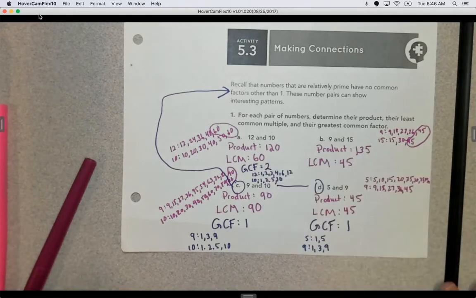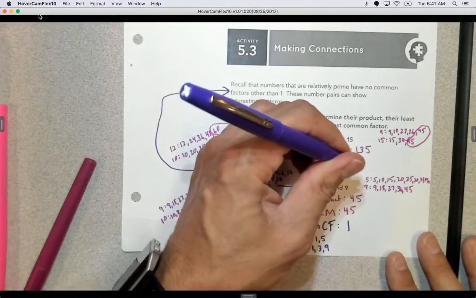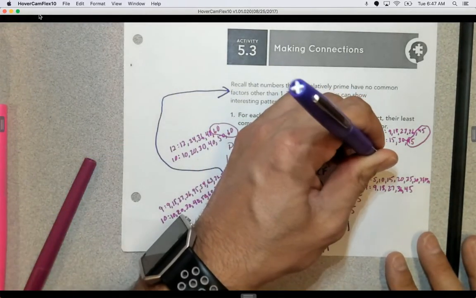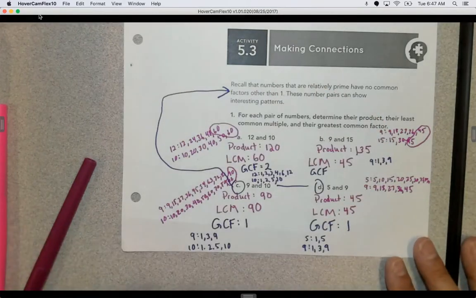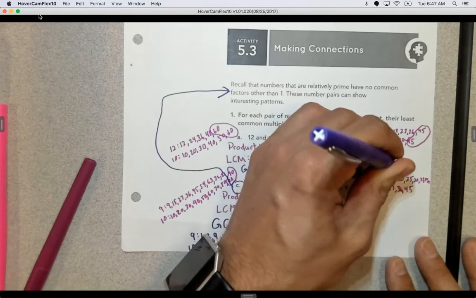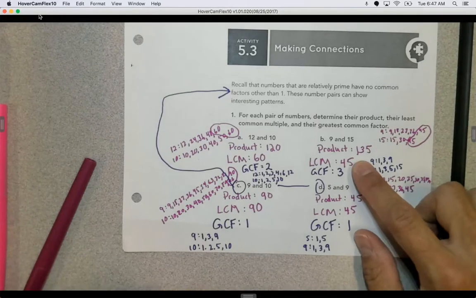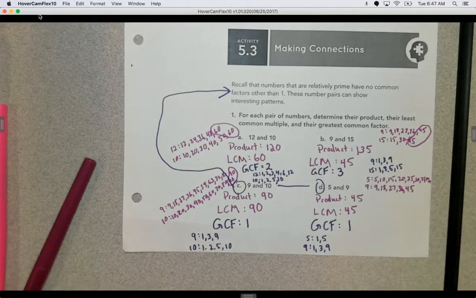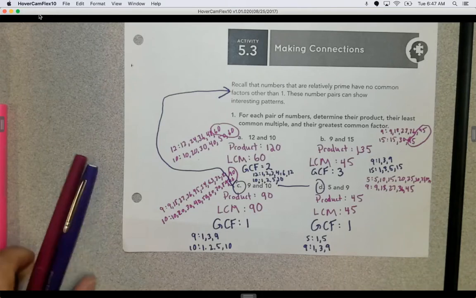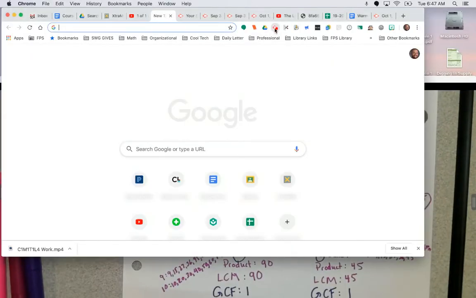The GCF between these two, let's see here. 9 is 1, 3, and 9 for the factors. 15 is 1, 3, 5, and 15. The GCF between those is 3, and 45 times 3 equals 135. So you can see how those are kind of related. Whoa. Mind blown.